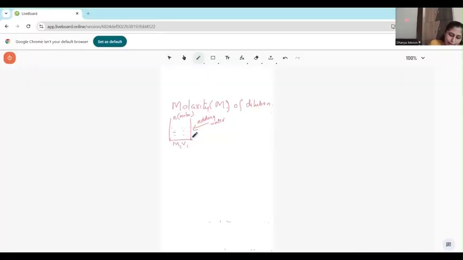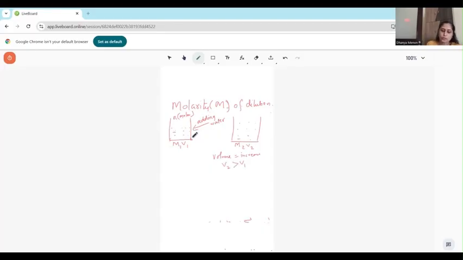When I add water, what happens to the volume? Volume will increase, right? Suppose V2 is the final volume after adding water. And because the volume has changed, molarity also changes, M2. Volume V2 is always greater than V1 because you have added water and increased the volume, right?